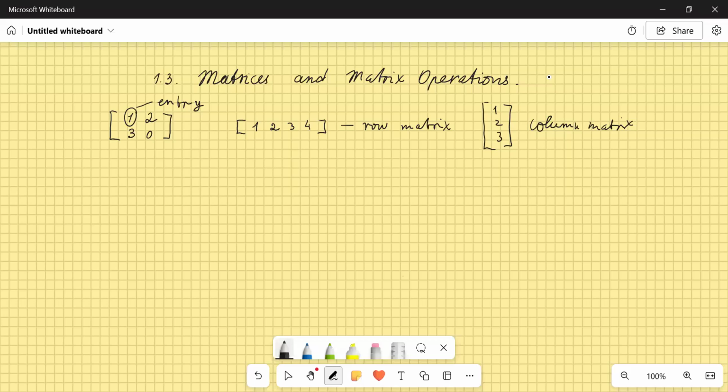And in general, we're going to label a matrix with capital letters, and at the bottom, we are going to show indexes, which are going to mean the size of the matrix. So if we have a matrix, it's going to have m rows.